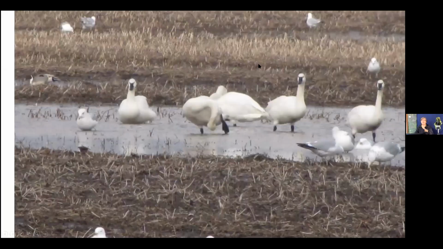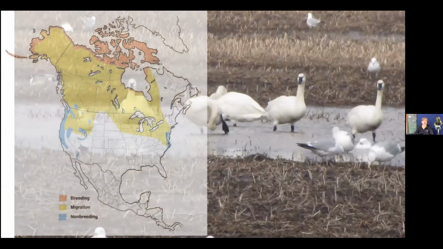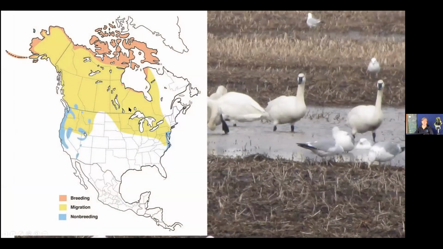Another thing that these wetlands do, now you may recognize these tundra swans. This picture was taken in a local field close to where I live, but this was at migration time. They were actually migrating north, and they may very well have gone right past you.